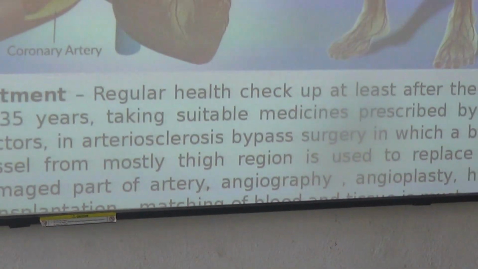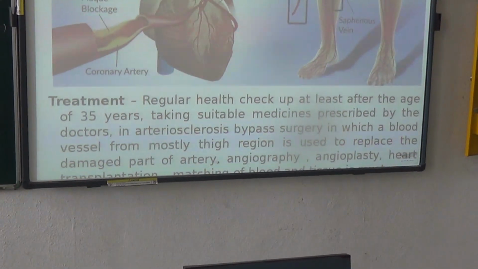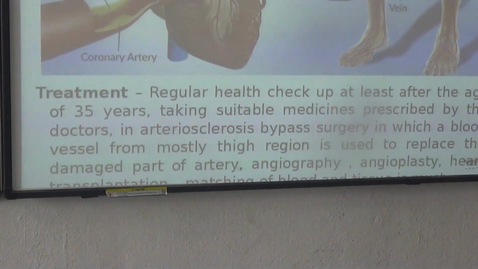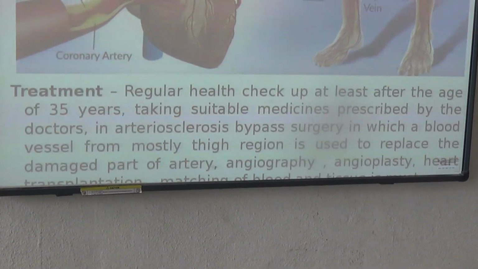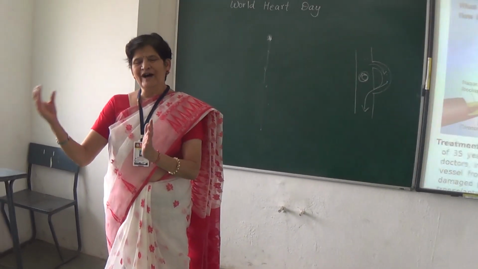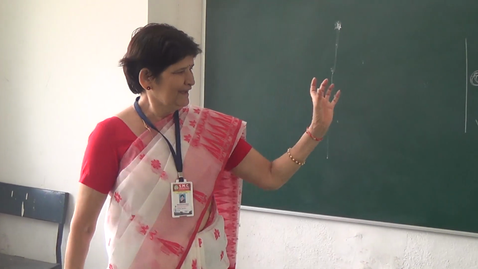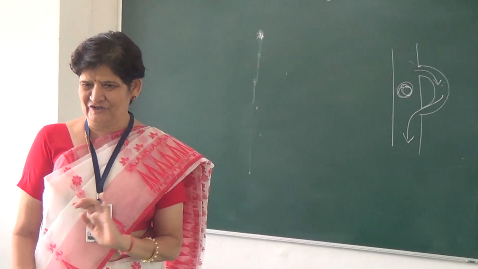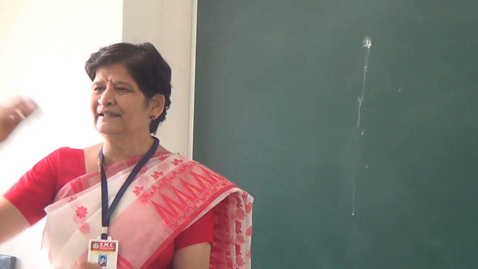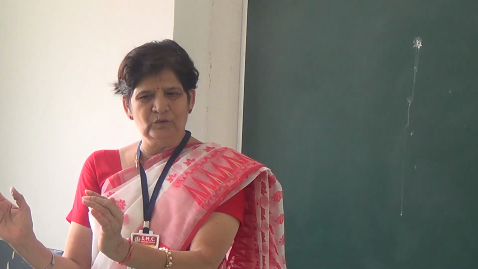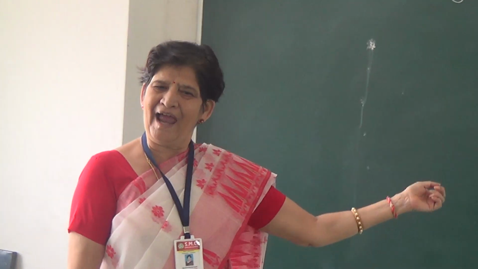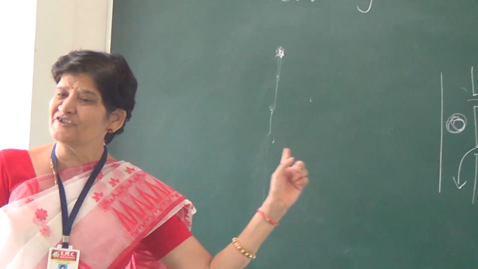Other procedures are angiography and angioplasty. Nowadays, heart transplantation is also done. Suppose two patients are there. One patient's heart is damaged. Another one has had an accidental death and the heart is in good condition. Then the heart from the body of that person is taken out and it is placed in the place of the damaged heart.